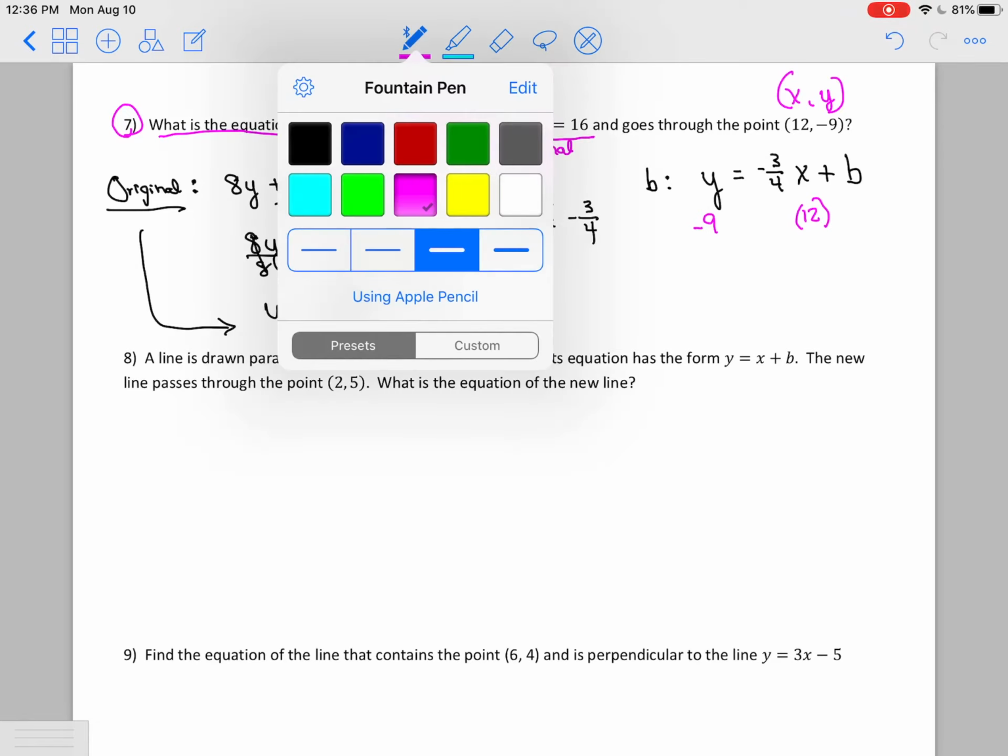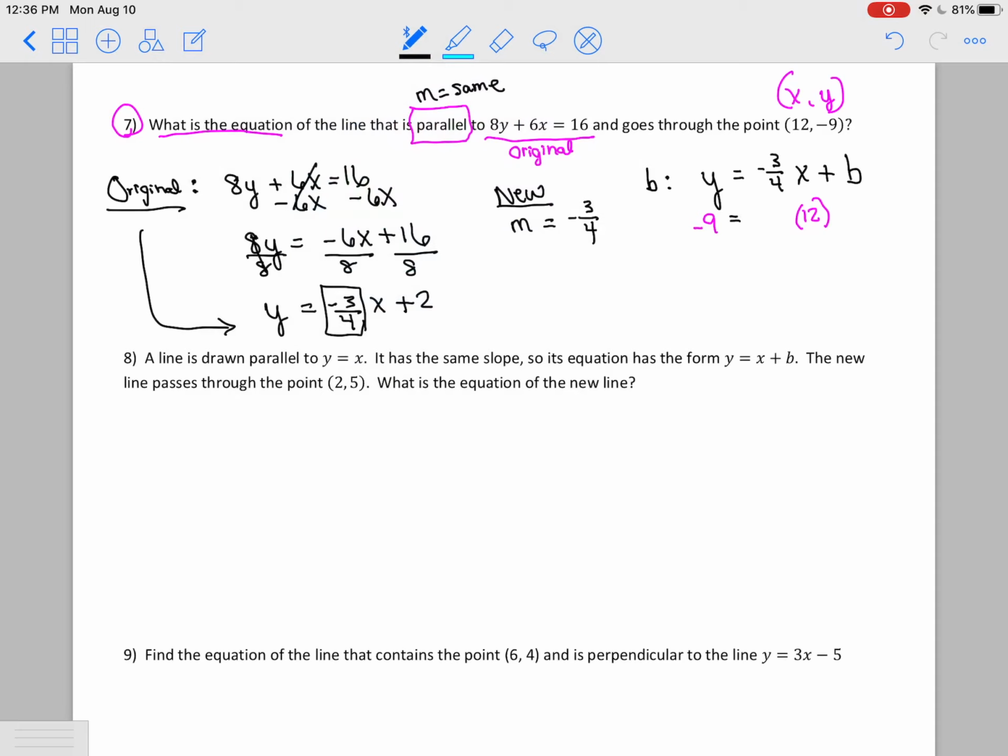We're just plugging those in. And we've got a negative 3/4, and I can put this over 1 to make it look a lot easier here. So this is negative 36 divided by 4, right? Or if you prefer, you can just do your cross canceling right off the bat. So we're going to have negative 9 is equal to negative 9 plus b, plus 9, plus 9. So our b is equal to 0 here.